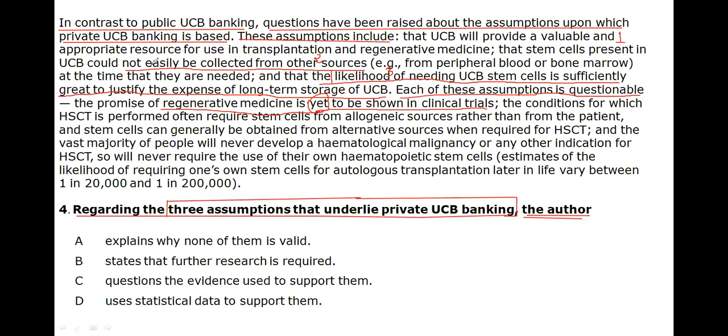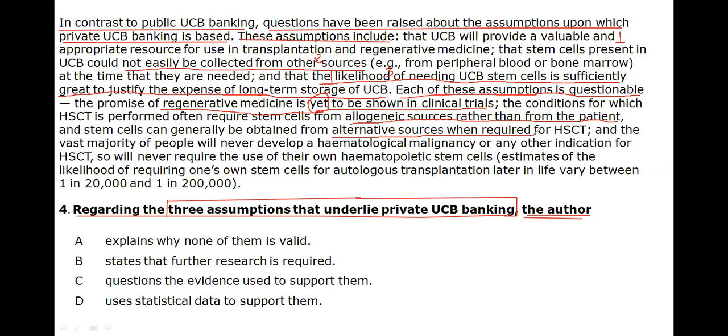The second one says it cannot be easily collected from other resources. The writer says they often require stem cells from allogenic sources rather than from the patient, and they can be obtained from alternative sources when required.